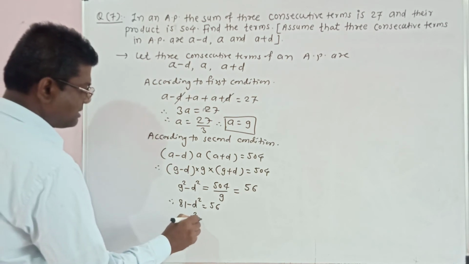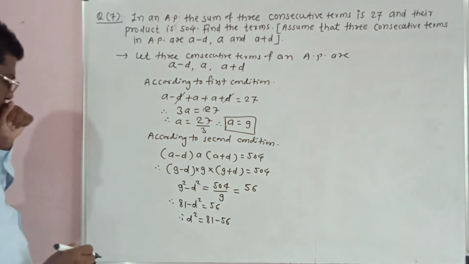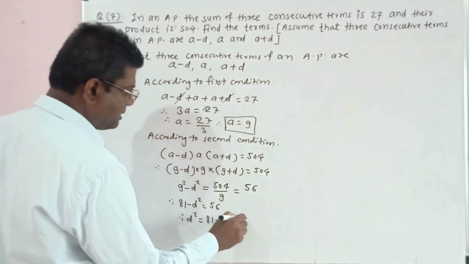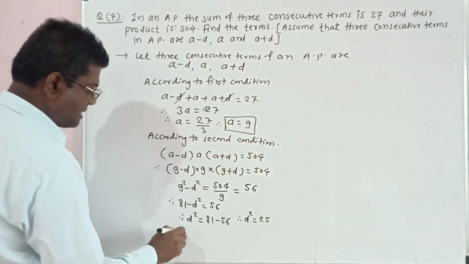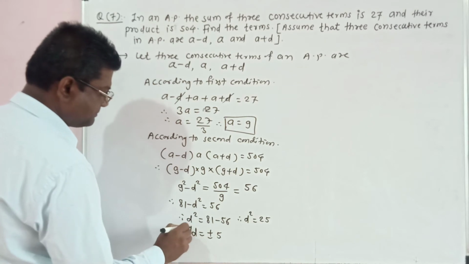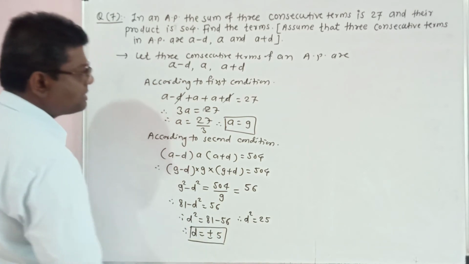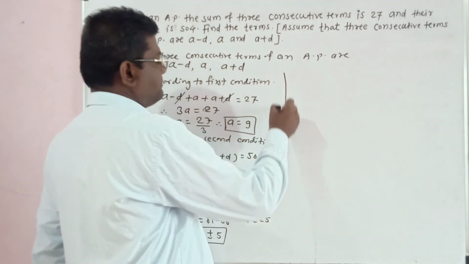Therefore D square is equal to 81 minus 56. Therefore D square is equal to 25. Therefore D is equal to plus minus 5, and A is equal to 9.